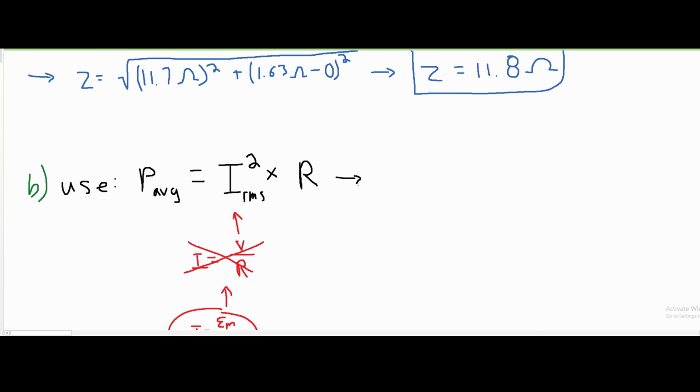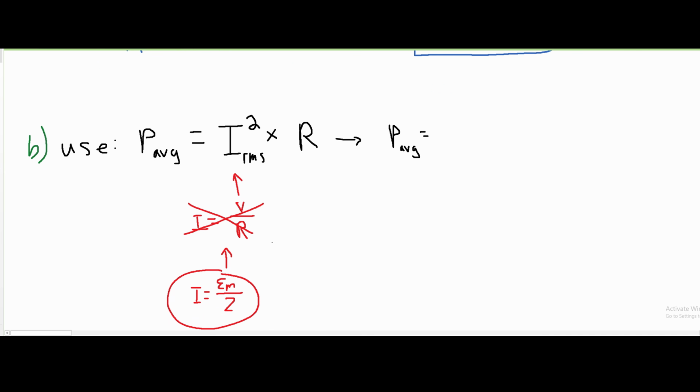Plugging this in, we can rewrite our formula as the P average is equal to either the alternating EMF, which is E subscript m, or we can say V RMS, over Z, and this is going to be squared, and it is times our resistance.